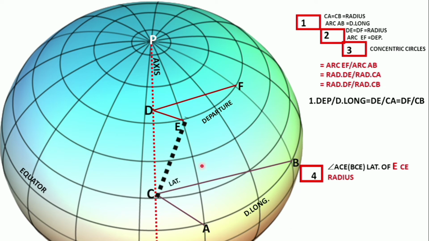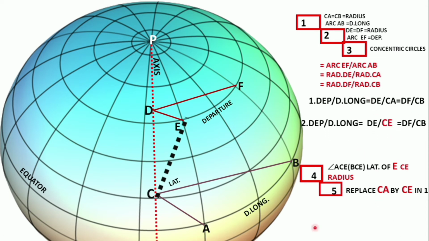So this angle is your latitude. Can I replace CA here with CE, because they both are the radius? So I have just replaced CA with CE, which is the radius of the Earth again.